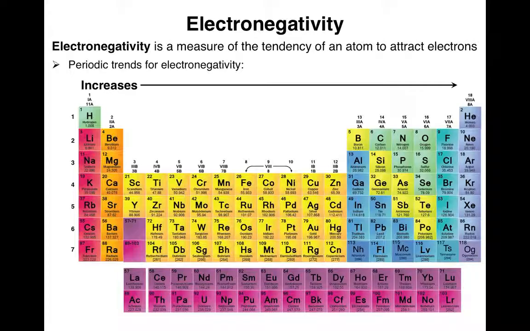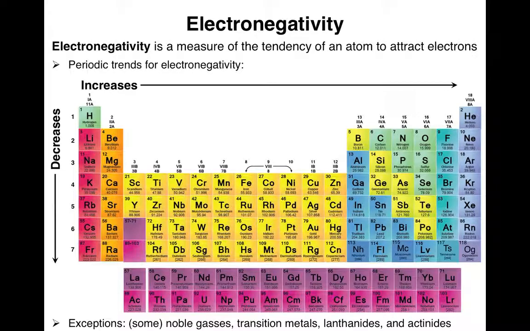It increases as we go right within a period and decreases as we go down within a group. There are some exceptions to this rule. Noble gases that do not readily form compounds, transition metals for which the electronegativity varies relatively little, as well as f-block elements, the lanthanides and actinides, that generally have complex chemical properties.